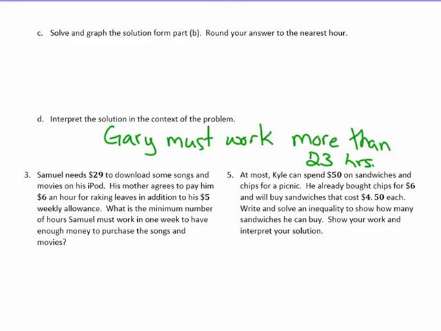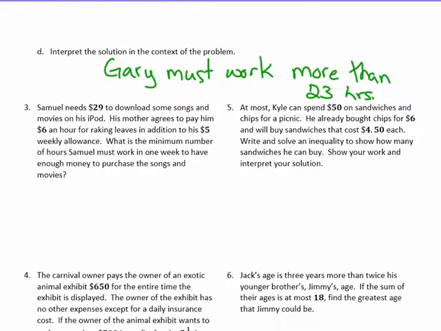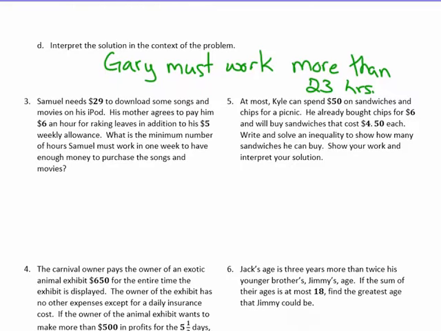Okay, number 3, Samuel needs $29 to download some songs and movies on his iPod. His mother agrees to pay him $6 an hour for raking leaves in addition to his $5 weekly allowance. Find the minimum number of hours if he wants to have enough money to purchase them. So he needs $29, so he needs greater than or equal to 29. We have $6 an hour, 6H, plus the $5 allowance that he gets.